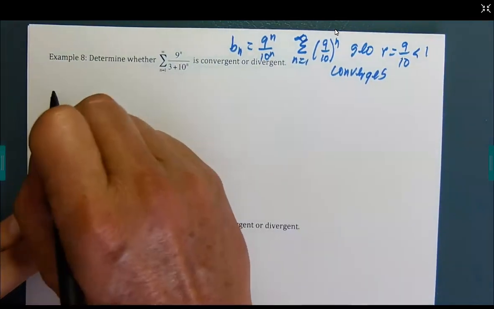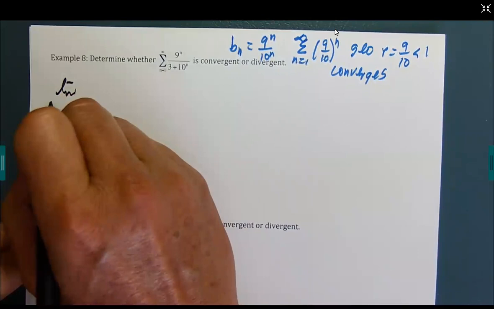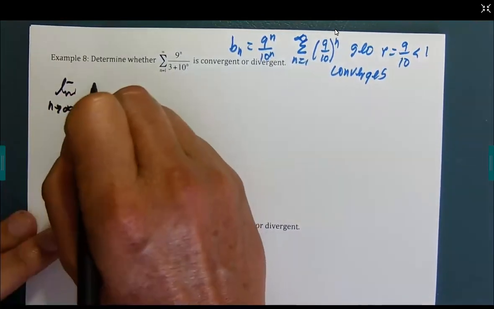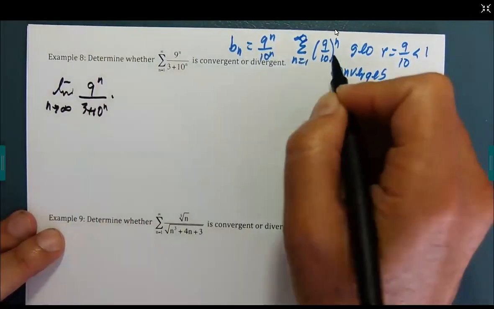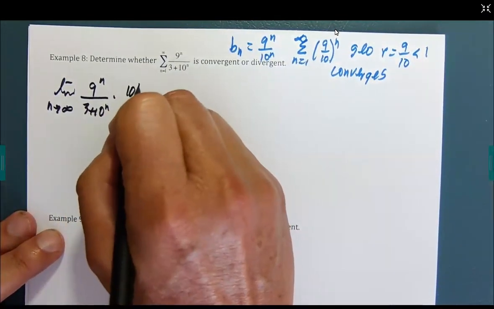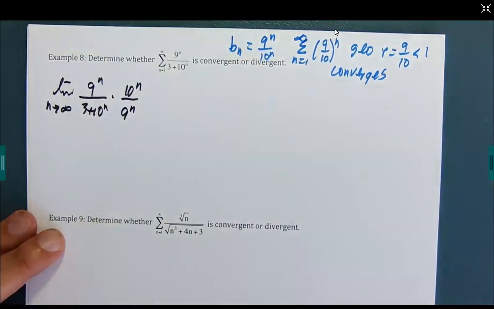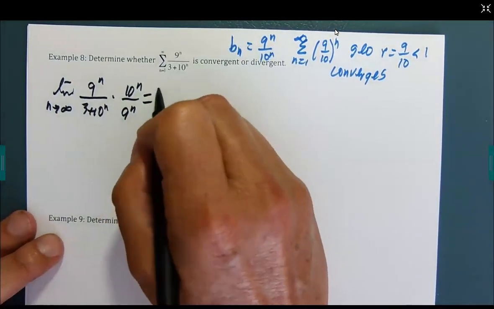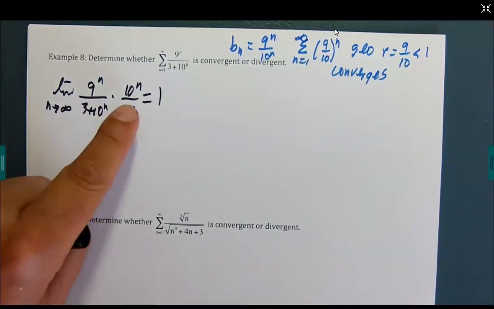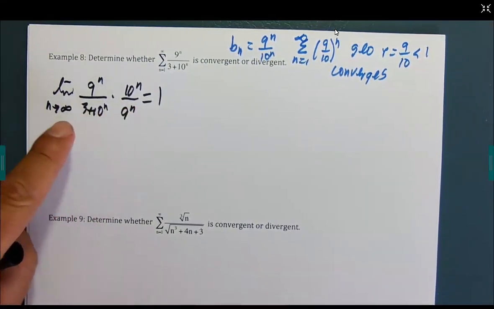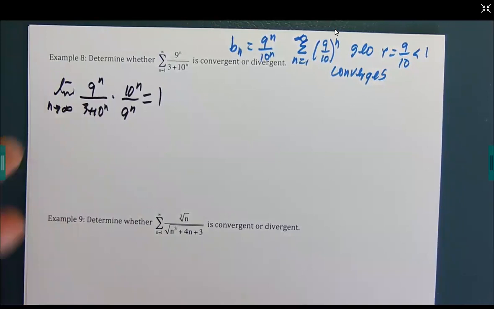And once again, we've designed these so that our limit times the reciprocal, that limit, again, exactly goes to 1. So you can see 9 to the n, 10 to the n, 9 to the n, 10 to the n. That plus 3, when n is super, super big, becomes irrelevant. And the whole thing converges exactly to 1.